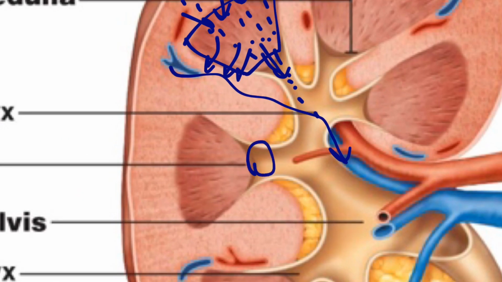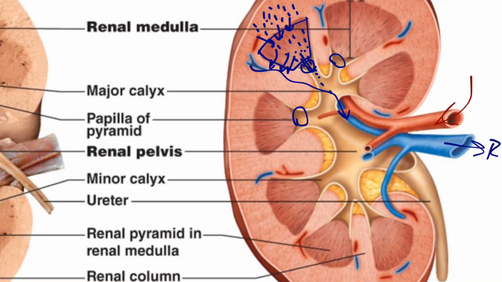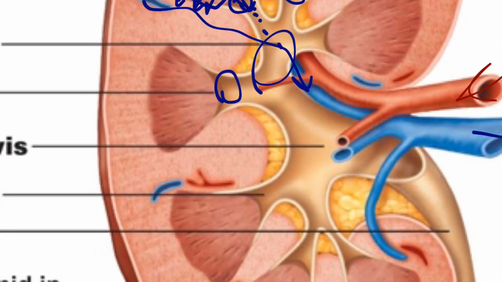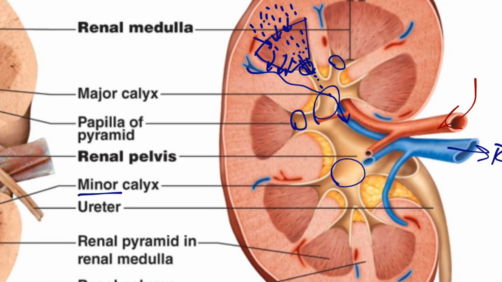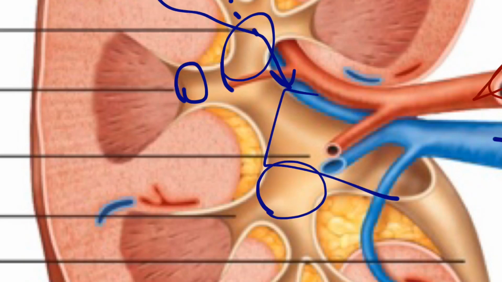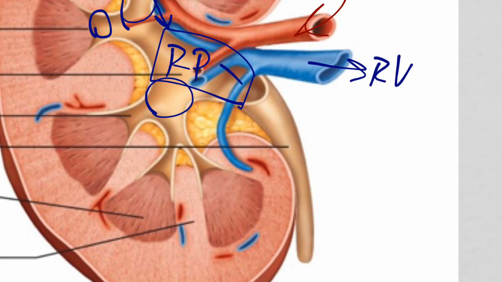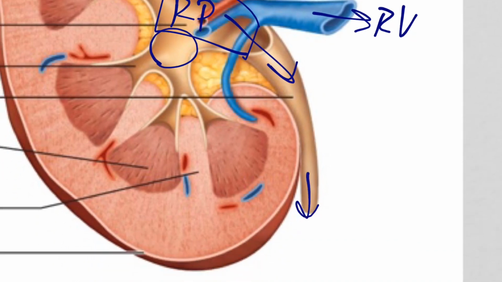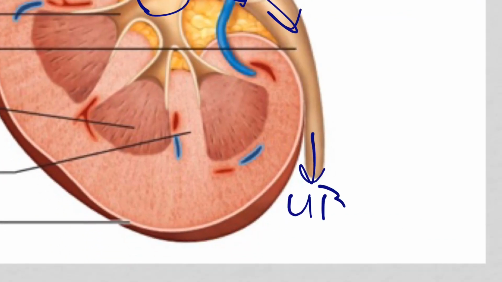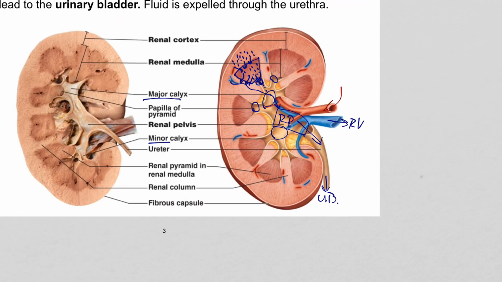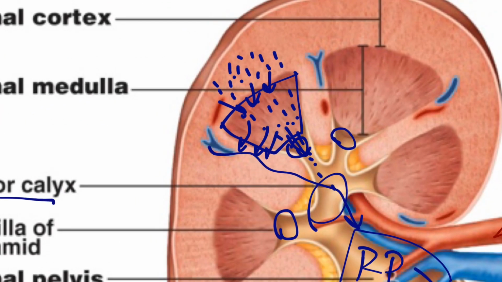So the direct opening off the bottom of one renal pyramid is a minor calyx, and the larger collecting area that they then pool into, you call a major calyx, and all the major calyces connect to this big open area here called the renal pelvis that empties into the ureter, and the ureter will eventually connect to the urinary bladder. Okay, but once filtrate comes out the bottom of that renal pyramid, it's gone now.